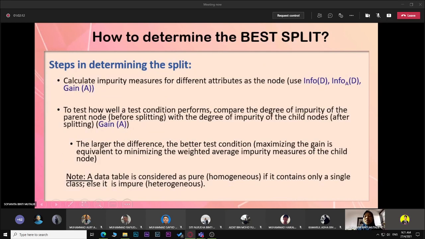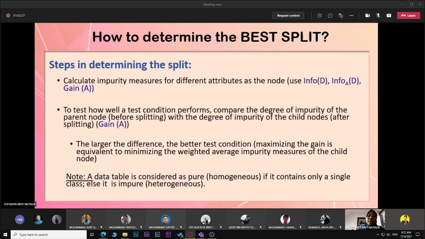For that purpose, there is a formula to do that. The formula you see in these slides is known as information gain. There are lots of other measures, but today we are going to use information gain.